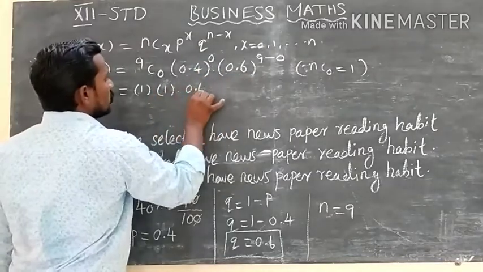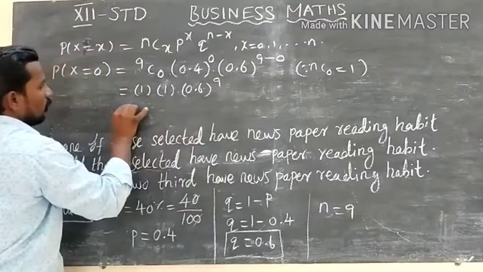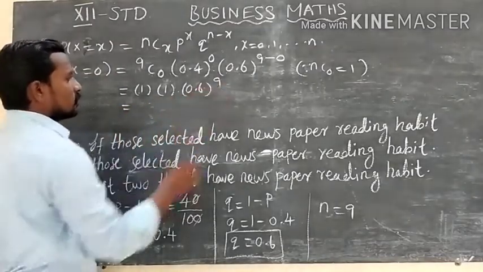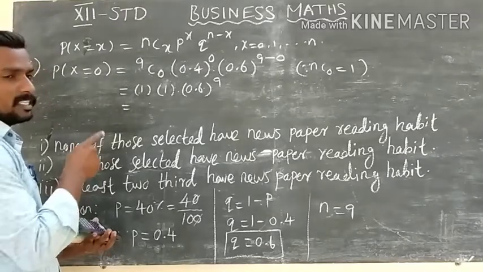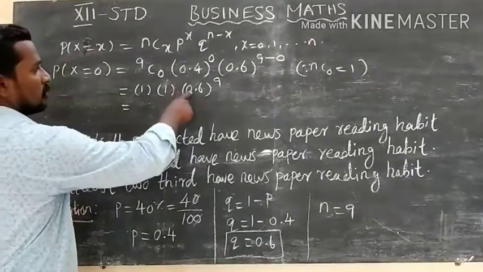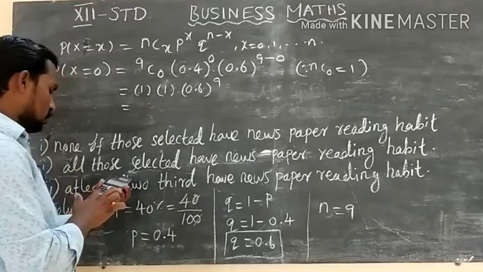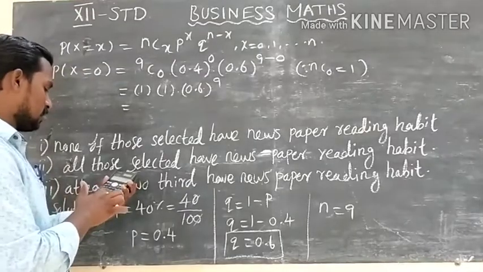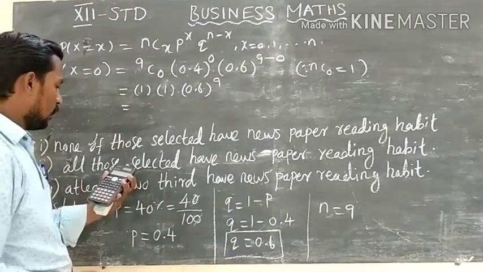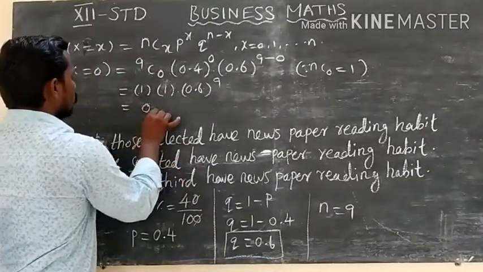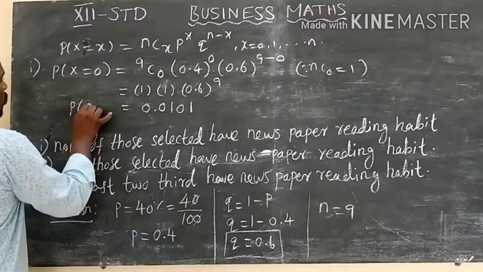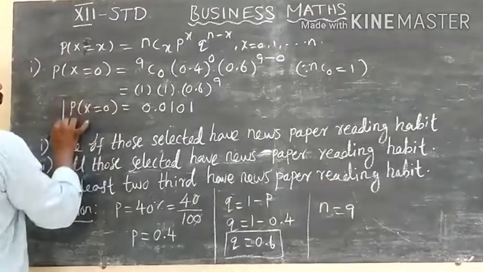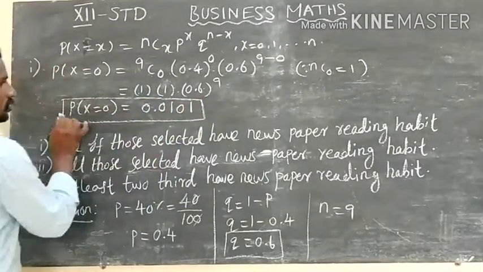Then 1 times 0.6 power 9. Take your scientific calculator, fix 4 decimal places, and compute 0.6 power 9, which equals 0.0101. This is the answer for P(x = 0), your answer to the first question.